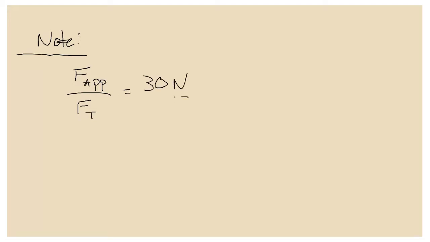And so we'll write this as a note. Note, let's see what the ratio of the applied force is to the tension. The applied force was 30 newtons. The tension was 12 newtons. And when you do that, you get 2.5. The applied force is 2.5 times bigger than the tension.